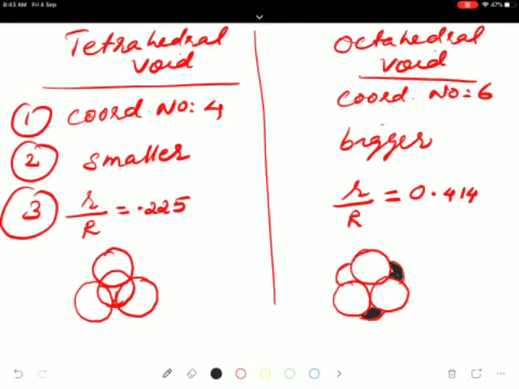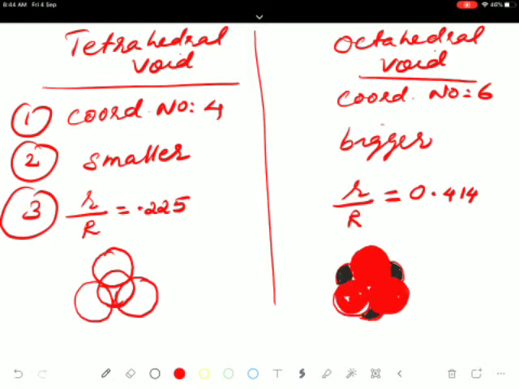Black spheres are of first layer, so using these 6 spheres you can construct or you can make an octahedral void.